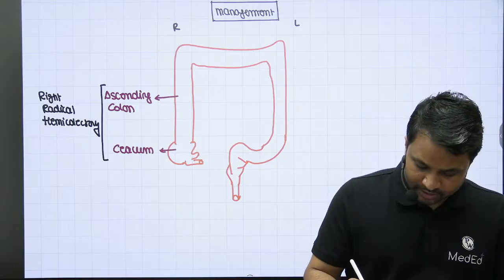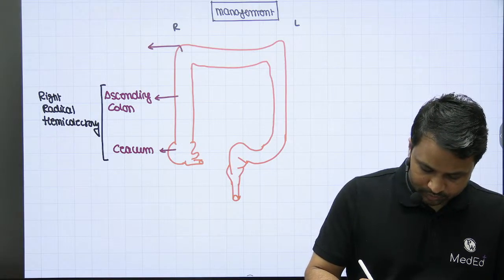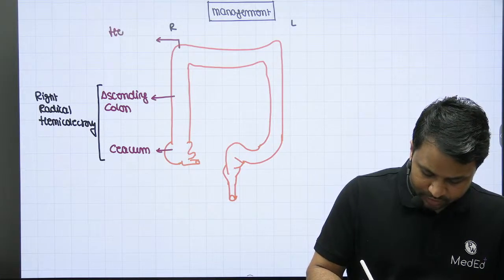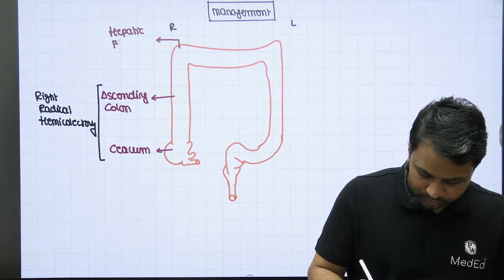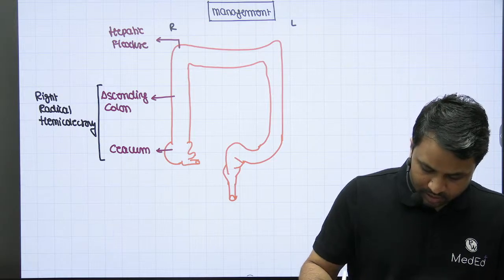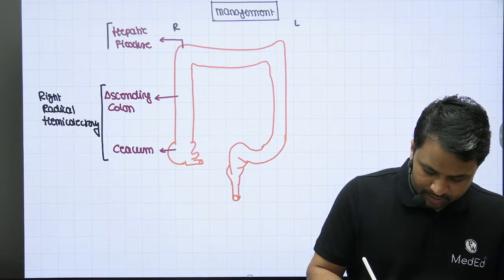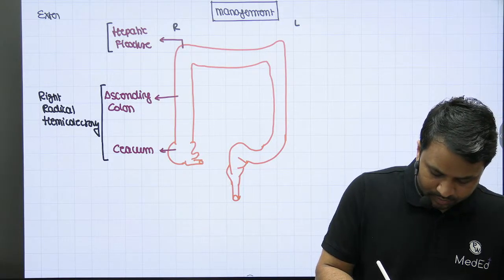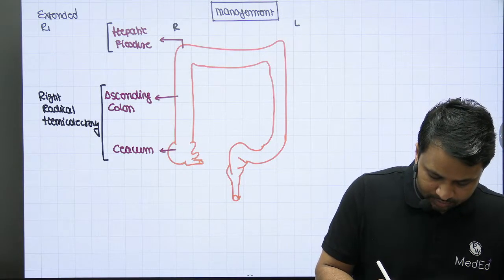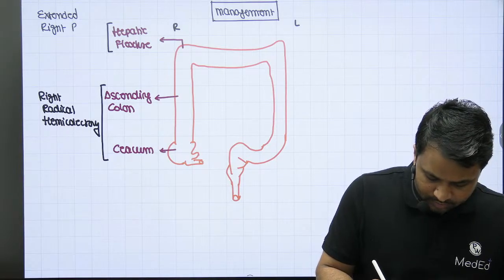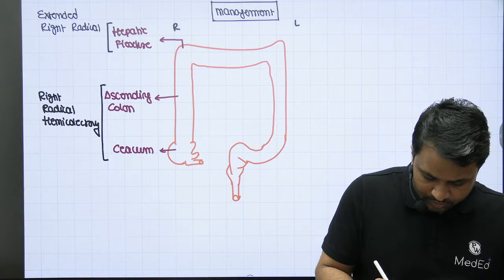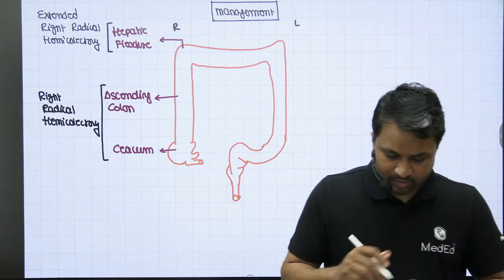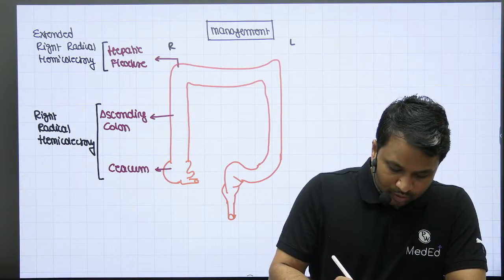Now, if the tumor is in the hepatic flexure, it is going to be an extended right radical hemicolectomy.